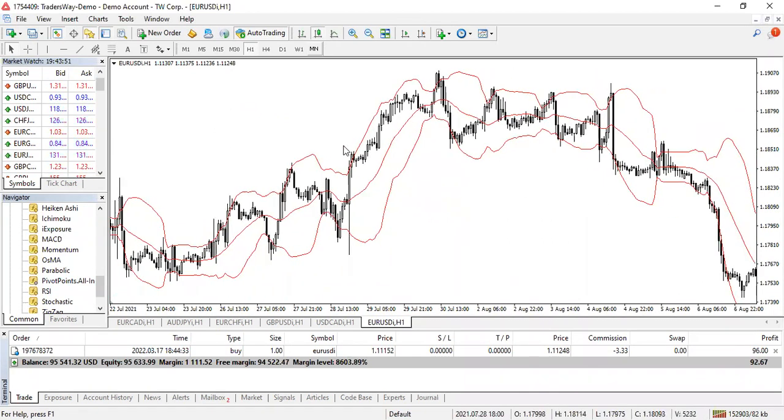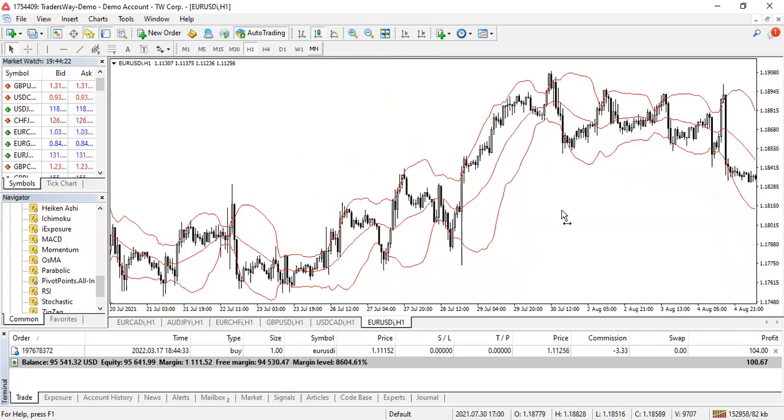So this is Bollinger Bands. It is used to identify trends and volatility. When there is volatility in the market, the bands will give you space. Can you see something like this? There is enough space between the upper line, the middle line, and this line here.